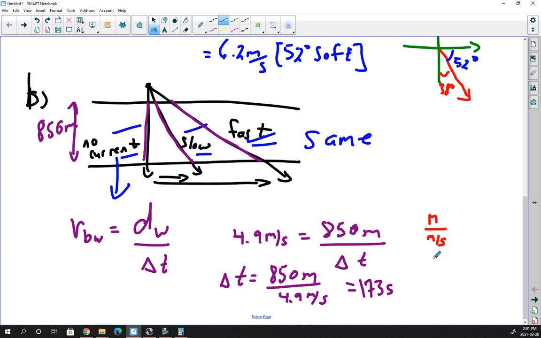Dividing by a fraction is the same as multiplying by the inverse. You learned that in math class. So look, meters cancel, you got seconds. So it takes 173 seconds to get across the river in any situation.